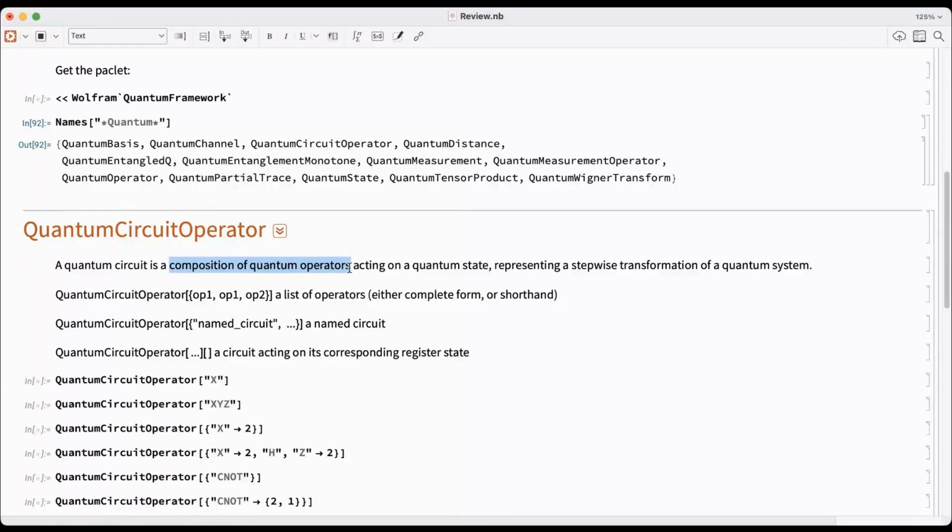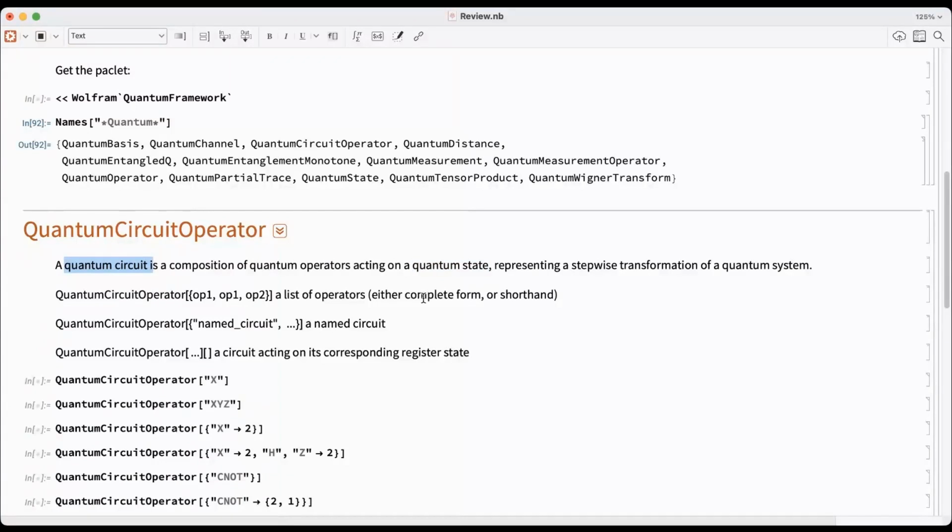I have seen, in some literature, quantum state replaced by quantum data. I do not like that terminology, so I still prefer to call it quantum state, but anyhow, you can also see it as quantum data. So when you have a composition of a bunch of transformations on your quantum data, this is what we call a quantum circuit.